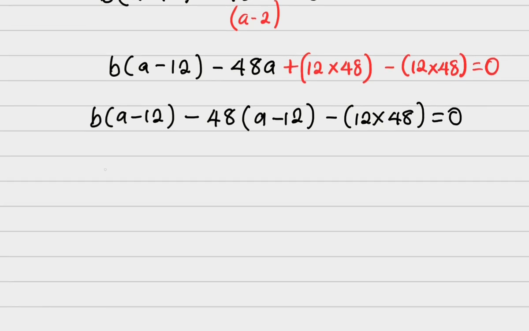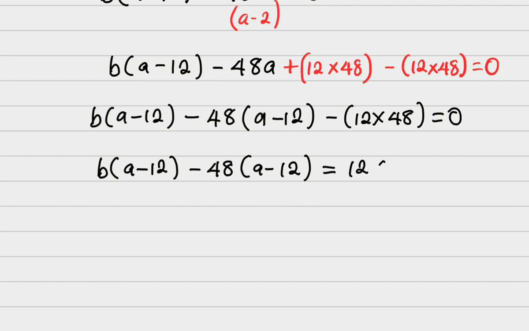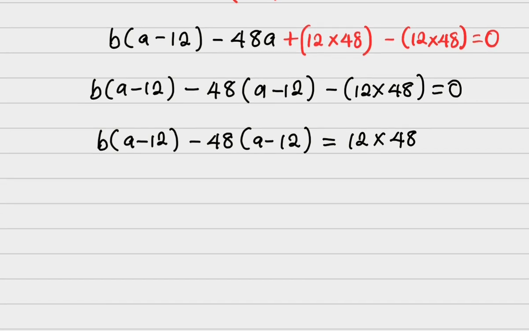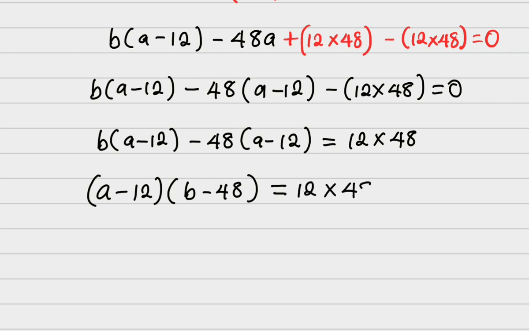Now this can be written as B into A minus 12, then minus 48 into A minus 12, is equal to 12 times 48. Wow, everything is moving fine. So I can now factorize. I have A minus 12 in brackets, then into B minus 48, is equal to 12 times 48.